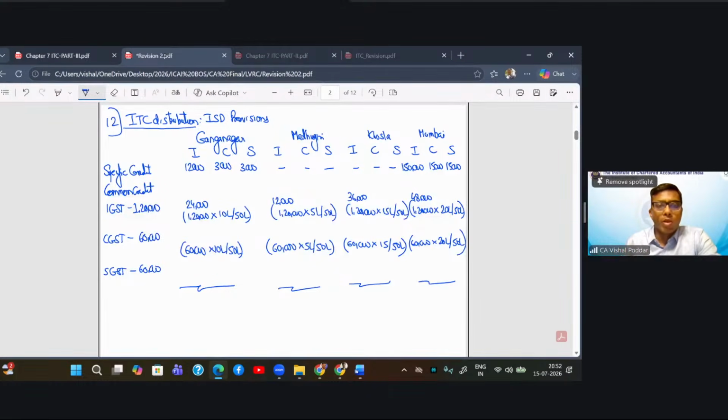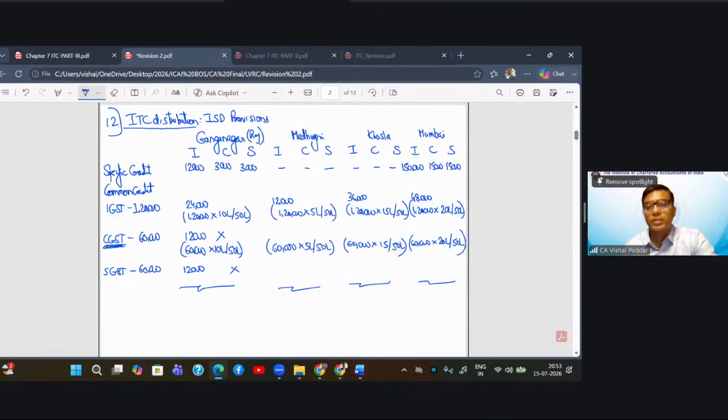Now, when I do this proportionate working, this is CGST credit, but it is given to Ganganagar, which is in Rajasthan, another state. So even though this is CGST credit, it will be added to IGST only. And again, this SGST credit will be added to IGST only. Even though this is CGST, it will not come in CGST.